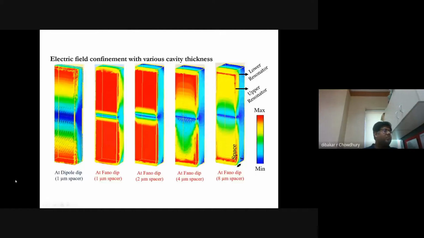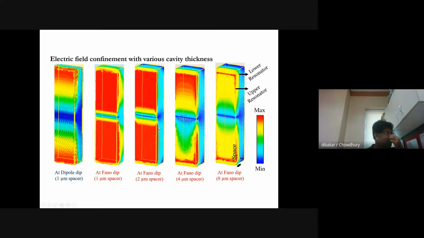So moving ahead, we compared the electric field distributions also, because that is the key here for sensing. You see that at 1 micrometer, the dipole dip cannot confine energy very strongly, so we won't go into detail. At the Fano dip at 1 micrometer spacer, this is the field confinement. These are 2 micrometer, 4 micrometer, 8 micrometer.